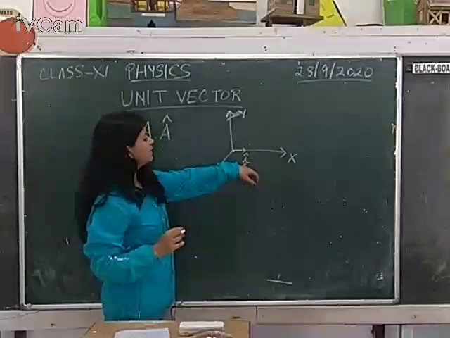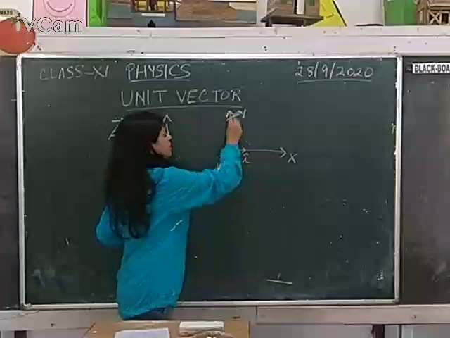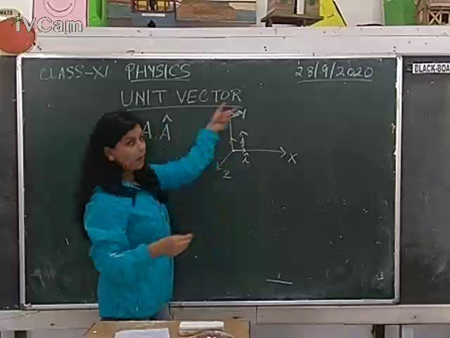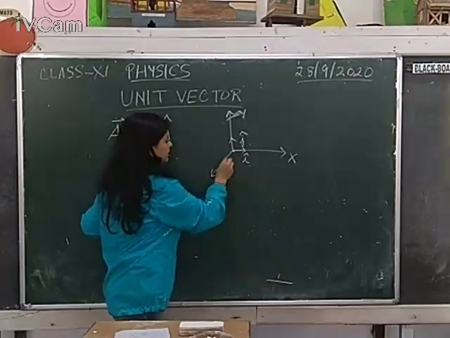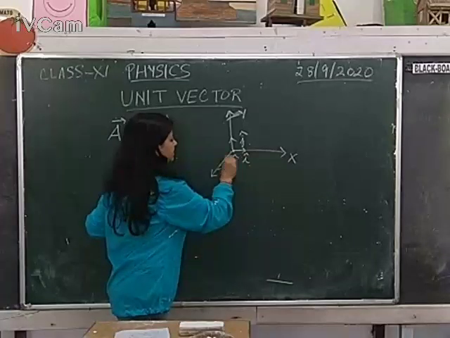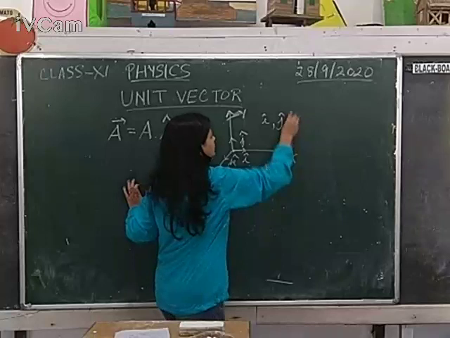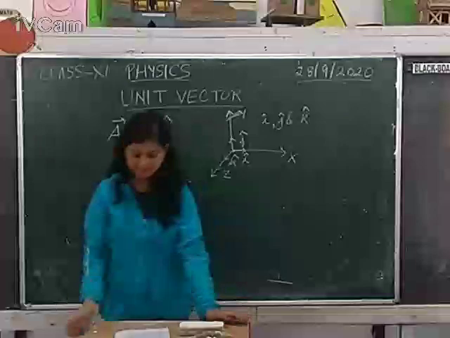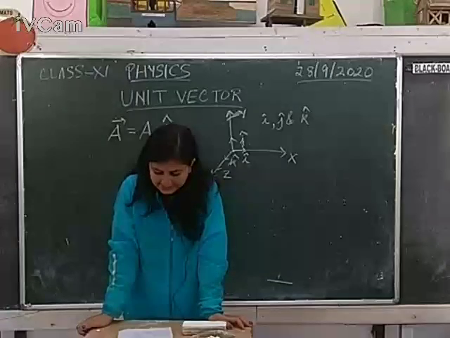I cap is a unit vector along the x-axis of the Cartesian system. Then j cap is the unit vector along the y-axis, and along the z-axis it is k cap. So I, j and k cap are the orthogonal unit vectors respectively along the x-axis, y-axis and the z-axis.